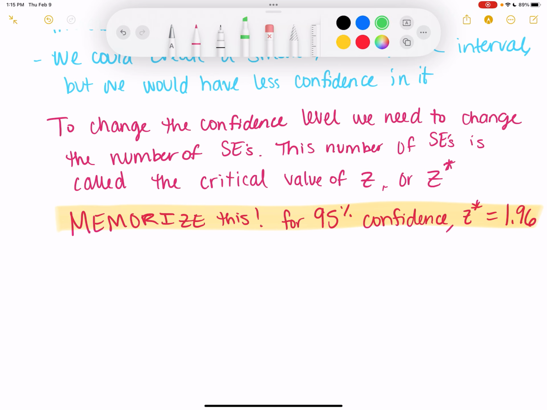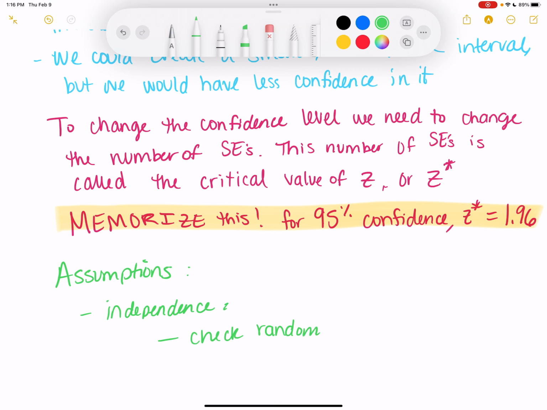So, again, we have some assumptions like we have been having. Surprise, surprise, we have an independence assumption. Randomization. 10% condition.